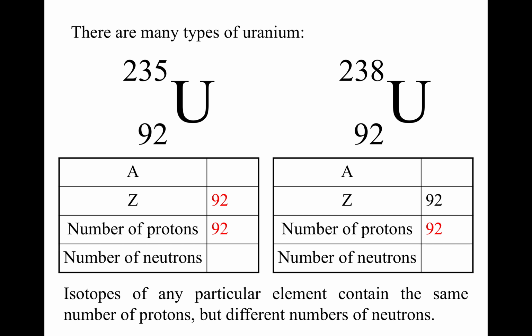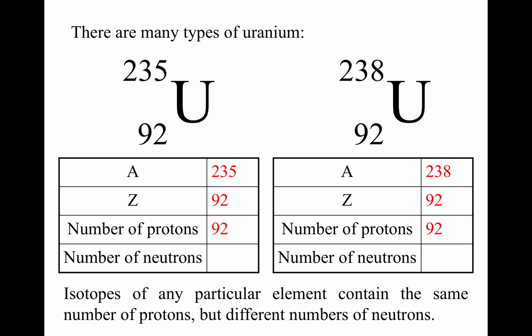Now we can fill in the number for A. A is going to be equal to the atomic mass. That is always going to be that superscript number in the isotope format. So for the one on the left, we have 235, and for the one on the right, we have 238. So let's fill that in.